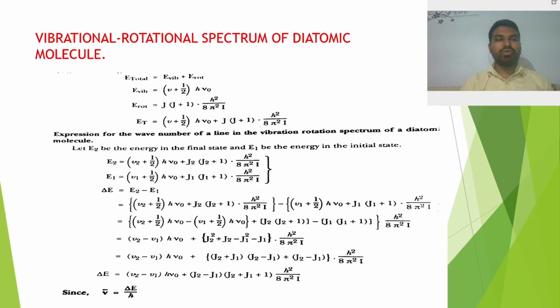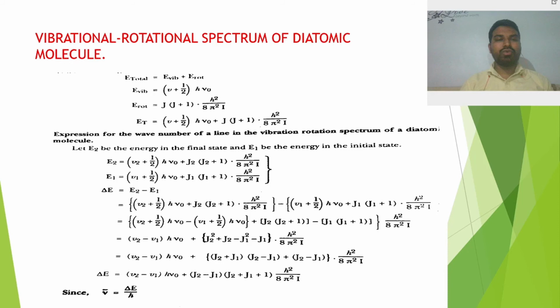After simplifying this equation step by step, we get delta E equals (ν2 − ν1)hν0 + (J2 − J1)(J2 + J1 + 1)h²/8π²I, since ν bar is delta E upon h.